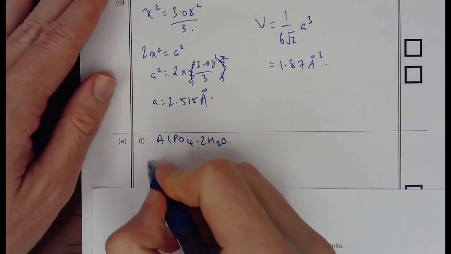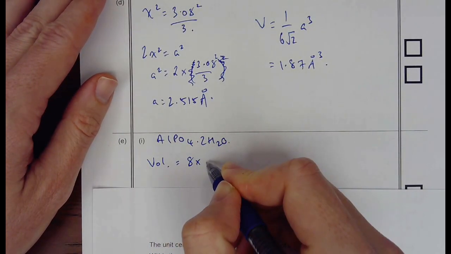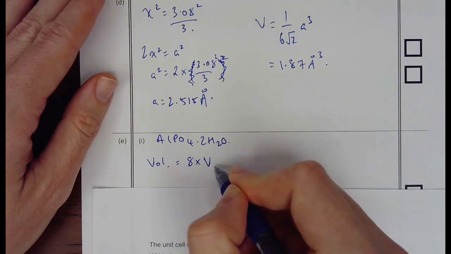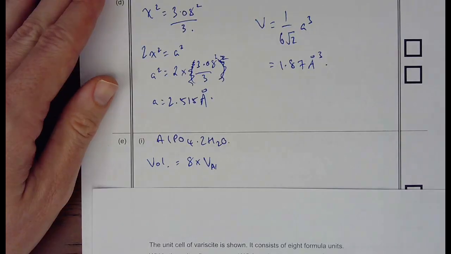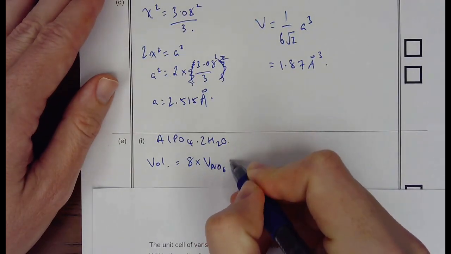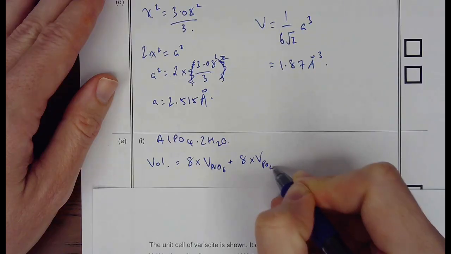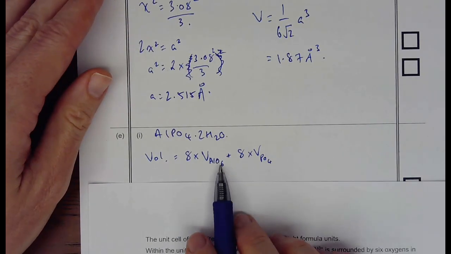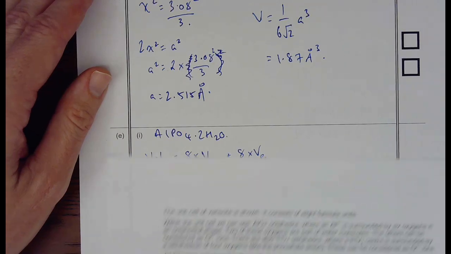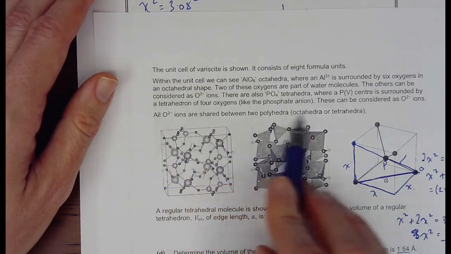Alright, so in other words, the volume is going to be equal to 8 times the volume of the AlO6 octahedra, plus 8 times the volume of the PO4 tetrahedra. Now you don't need to worry about the oxygens not adding up here, because you're told that all of the oxygen ions are shared between 2 polyhedra.